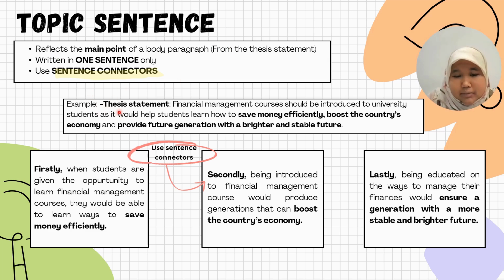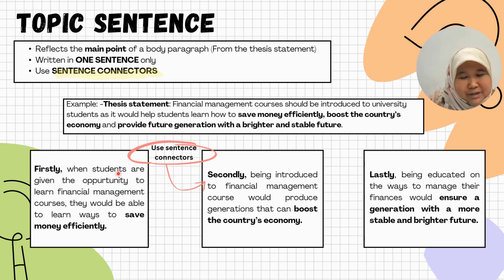For example, your thesis statement is: financial management courses should be introduced to university students, as it would help save money efficiently, boost the country's economy, and provide future generations with a brighter and stable future. These are your three main points. You have to make them into topic sentences, so you use a sentence connector.